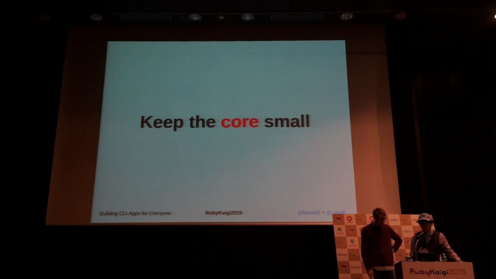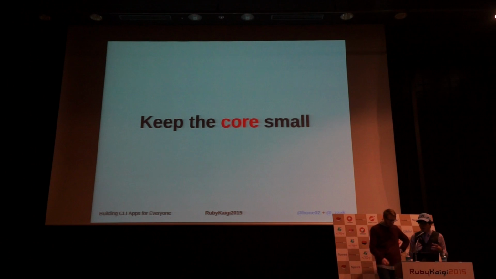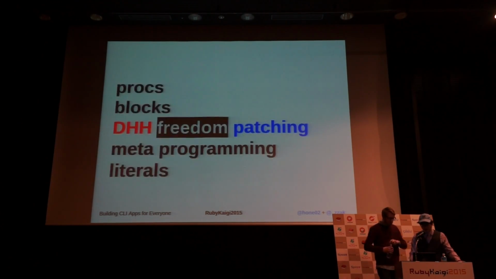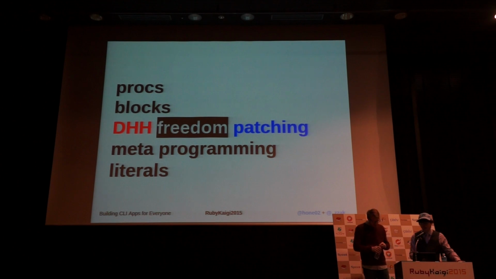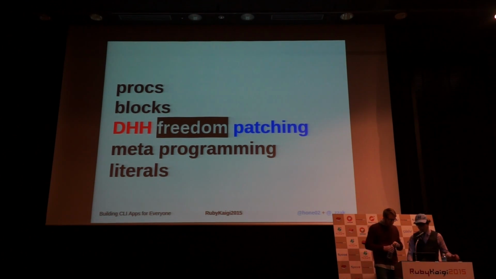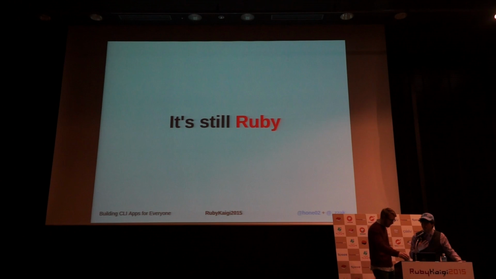But it does mean that we're able to have a really small core which fits really well for building command line applications. And even though we don't have those OS level things, we still have things like procs and blocks. You can still monkey patch stuff. And then you have literals like array literals and hash literals, which makes it feel like Ruby. So even though there aren't as many things as the standard library in C Ruby, it's still Ruby that you're writing.